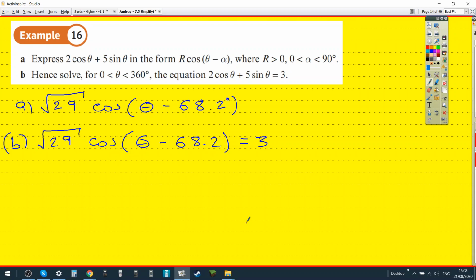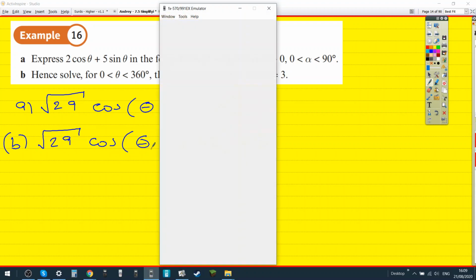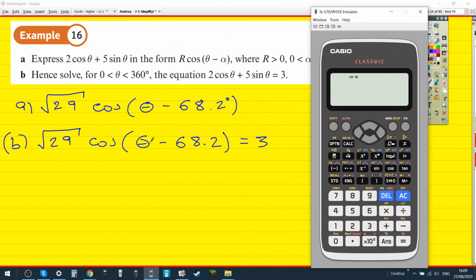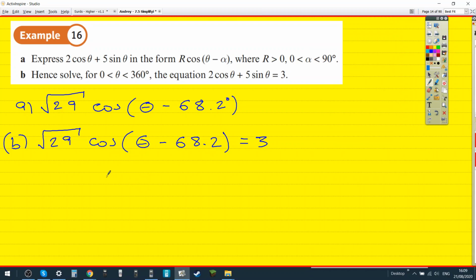So 3 divided by root 29, and that'll be equal to 3 root 29 over 29. And then is this one to do like theta minus 68.2 equals A? Yep.